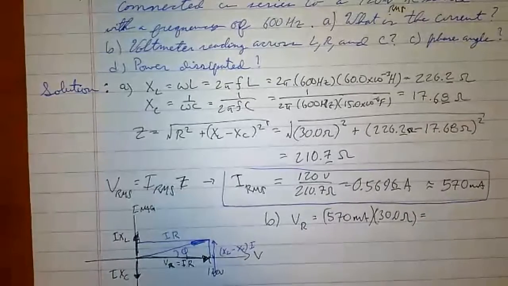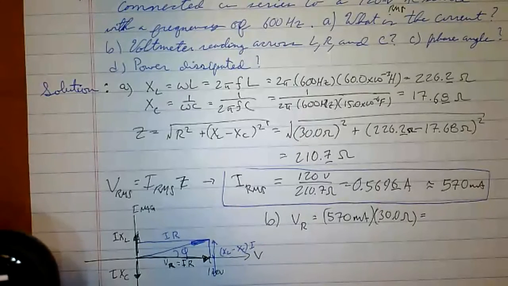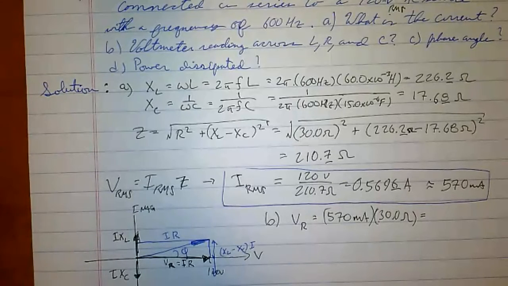So that's going to give you a certain number of, if I left the milli in there, then it would give you millivolts. But in this case, I'm going to do times 30. So I get 17.